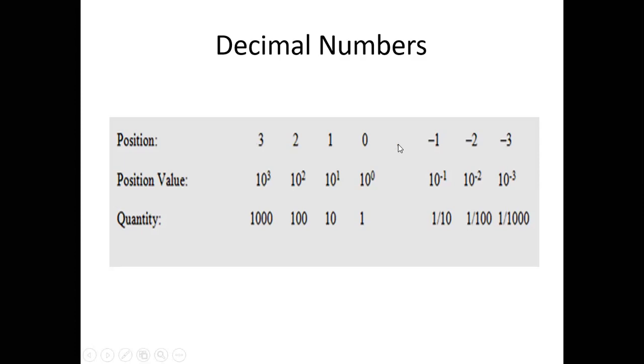From the decimal point going to the right, the positions are negative. So this is position -1, position -2, position -3. Okay, so that's something which I needed to mention.